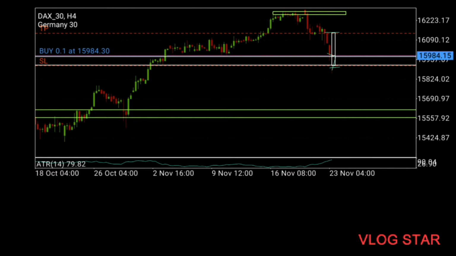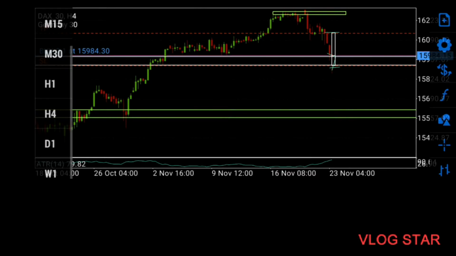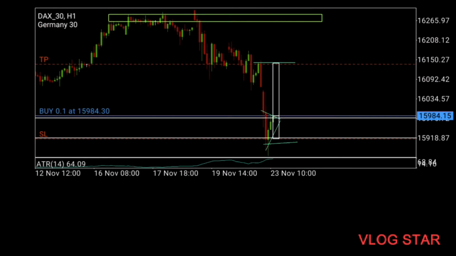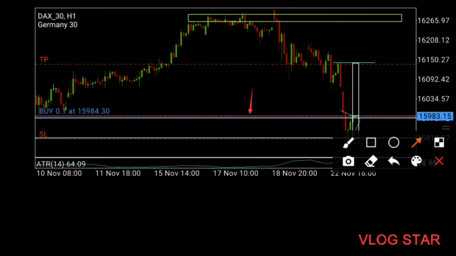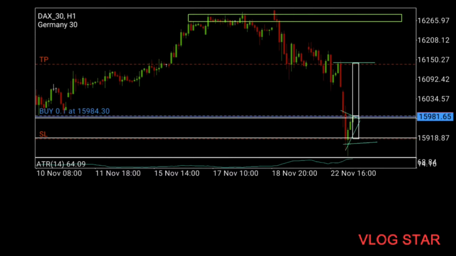So with that said, we're going to go step by step. Now we're going to 1 hour to look for possibilities, since we know that the market is at an area of value, because this is an area of value that was tested previous times. This area is the most important area of value.